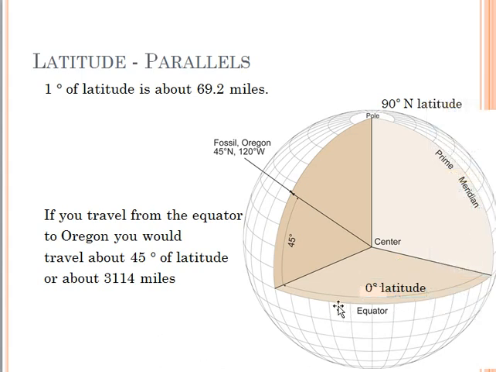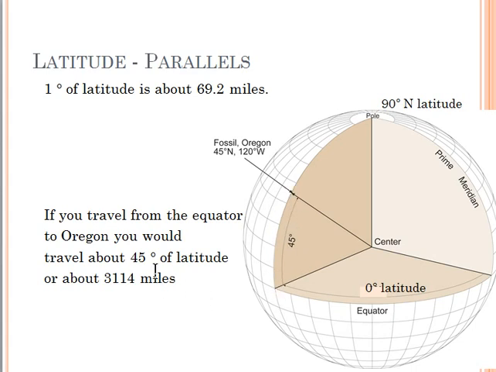So here we are at 0 degrees latitude. The North Pole is at 90 degrees latitude. And if I were able to do a cutaway and find Fossil, Oregon on the surface of the Earth, if I traveled along the Earth's surface from the equator up to Fossil, I would be traveling about 45 degrees of latitude.